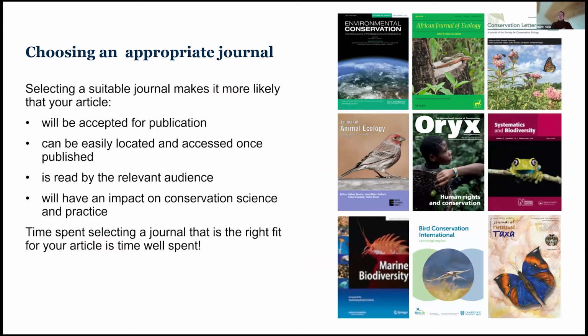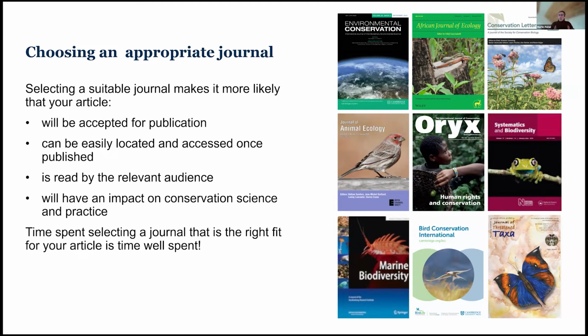One of the things Nancy did ask me to speak about was choosing the best journal, or the most suitable journal for your work. And why is this important? Well, it's likely to ensure that you're more likely to be accepted for publication, that your work can easily be located by the people who are likely to read it, that it's going to be read by the most relevant audience, and that it's going to have an impact where you want it to have an impact.